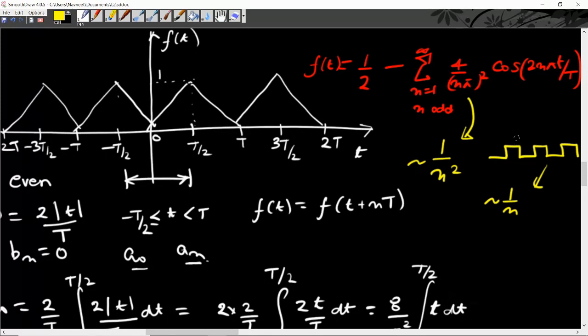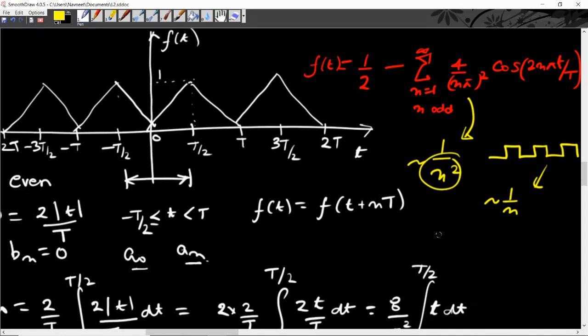So for functions that are discontinuous at certain points, the Fourier series coefficients go as 1 over n, and where we have a function which is continuous but its first derivative is discontinuous, we have a 1 over n squared term.